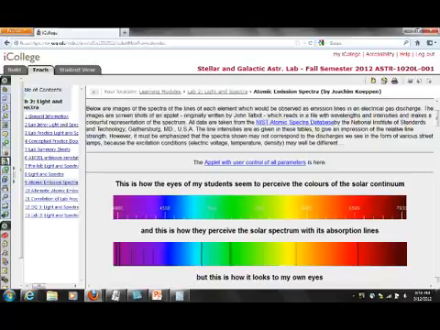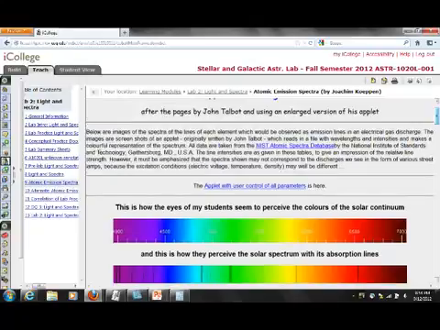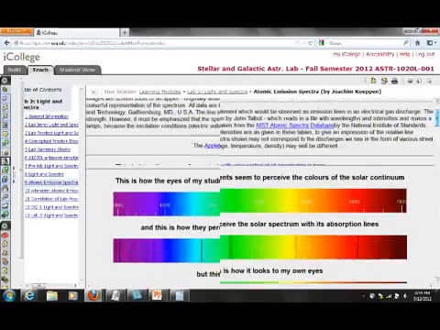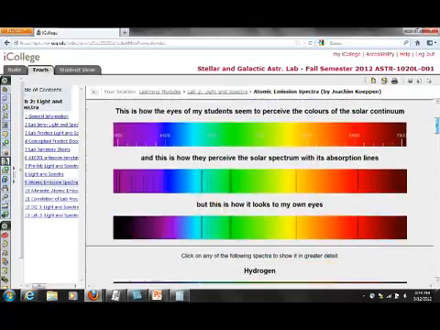So I've gone to item number 9 in the table of contents of the Light and Spectra, and that's the atomic emission spectra by Joachim Köppen. Happens to be a German, I guess, and he's working in Strasbourg. If you scroll down, you can see that the topmost continuous spectrum has a scale that comes with it.